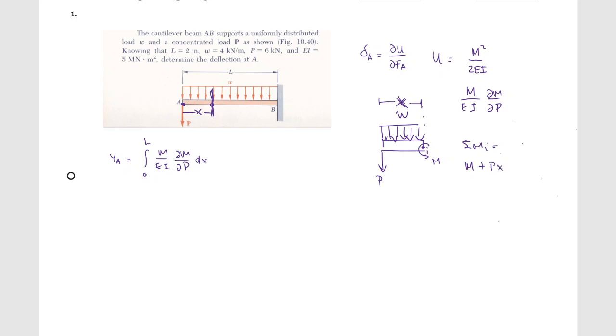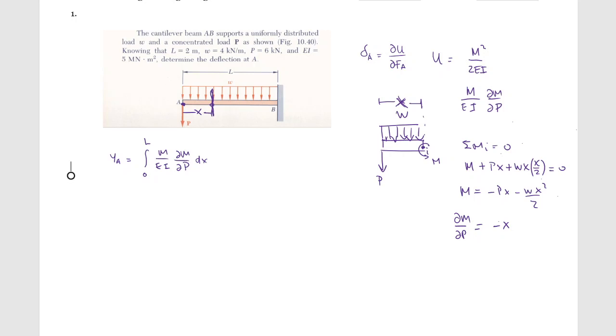Plus the distributed load would be W times X, concentrated at the centroid, which is X over 2. And this has to be equal to 0. So it means that M is minus Px minus Wx squared over 2, and dM/dP, which is what I need for my integral, is minus x.